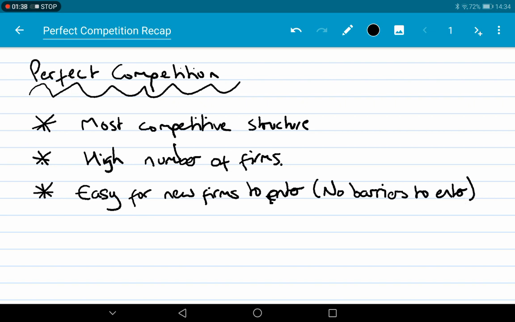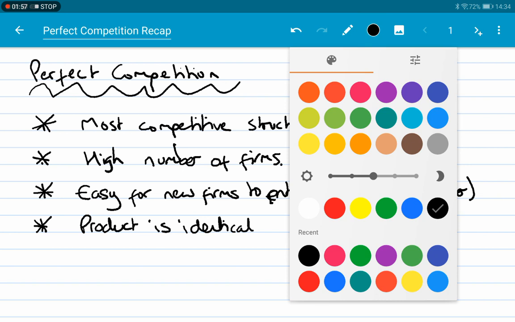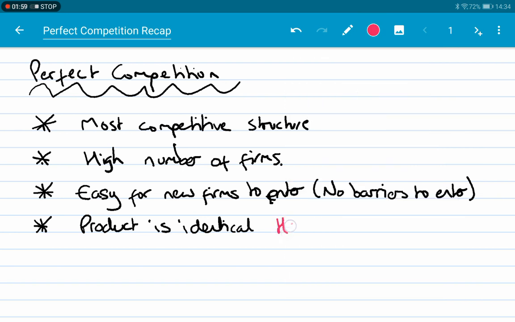Okay. Then, if you remember, we talked about how the firms might make the same product. It's not a similar product, if you recall. The product is identical. And the term we used for that was that the product was homogeneous.